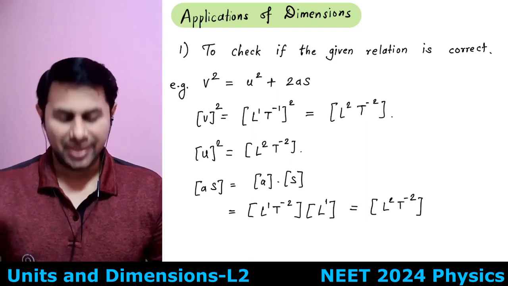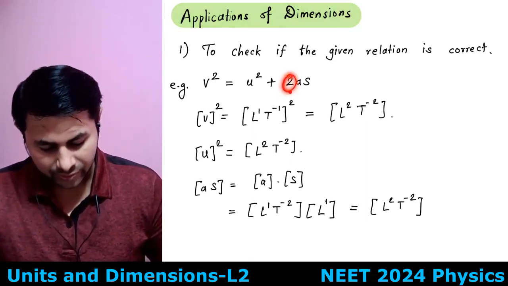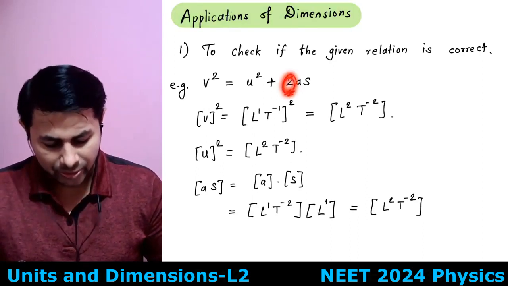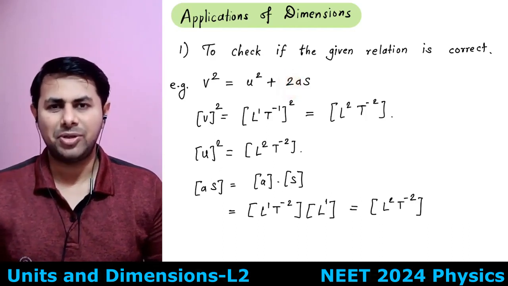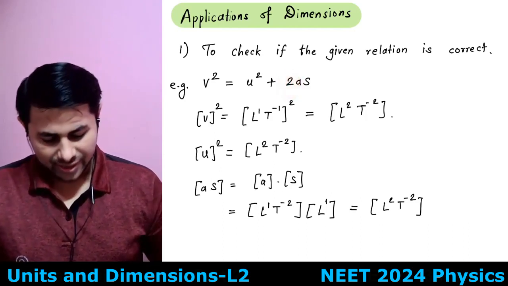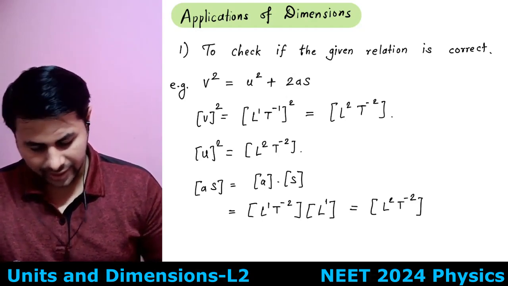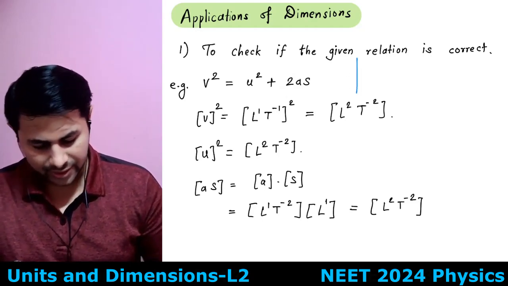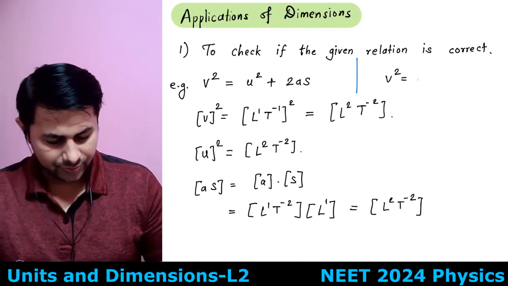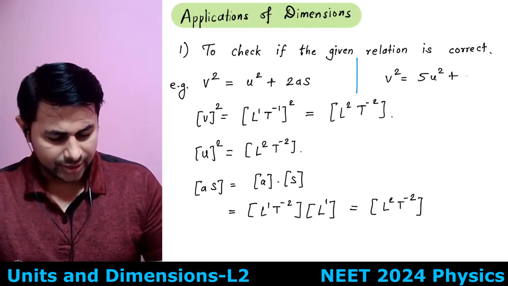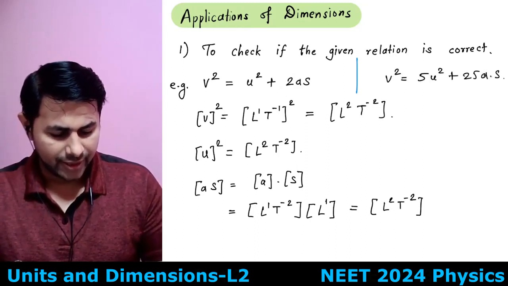Why am I saying so? It's because we don't know about this multiplicative factor. It can be 2, it can be 10, it can be anything. Let's say instead of this equation, I write some equation like this: v square equals 5u square plus 25a multiplied by s.